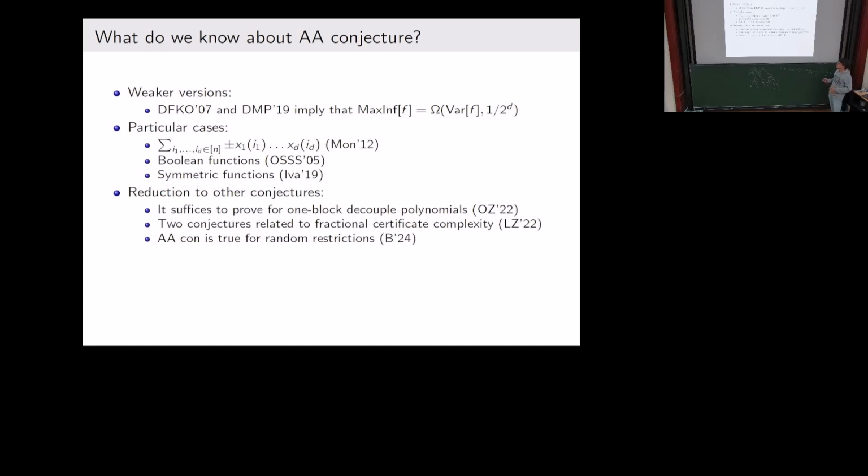There is also a recent work by Bhattacharya, I think, maybe I'm mispronouncing the name, that says the Aaronson-Ambainis conjecture is true for random restrictions. I think there is another recent paper claiming a similar statement, not comparable with the one of Bhattacharya, that also says the conjecture is true for random restrictions. So this is somehow what we know about Aaronson-Ambainis.